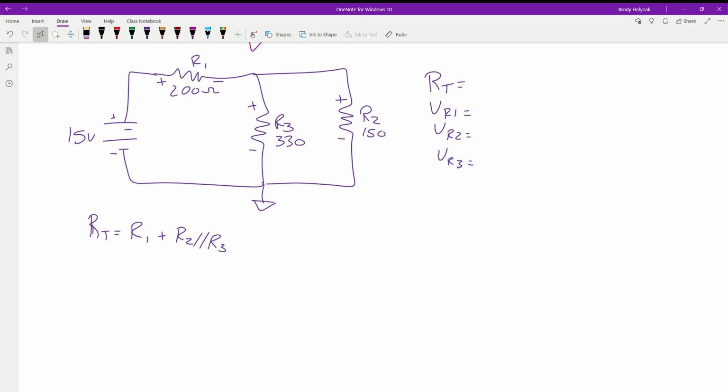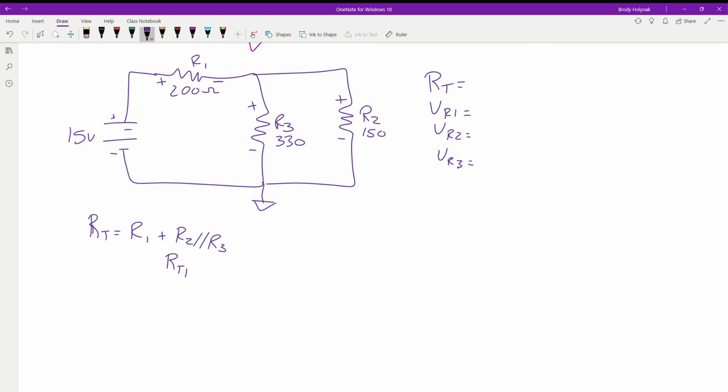So in this case, I'll probably just use the product over the sum. So we take 330 multiplied by 150. We take that number divided by 330 plus 150.